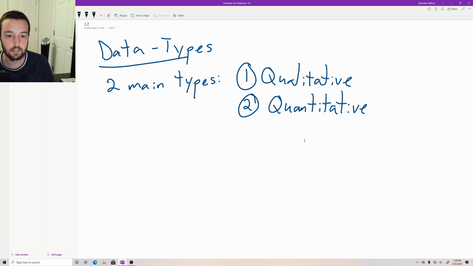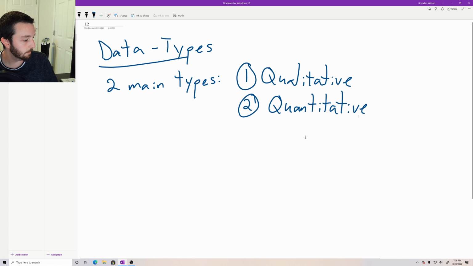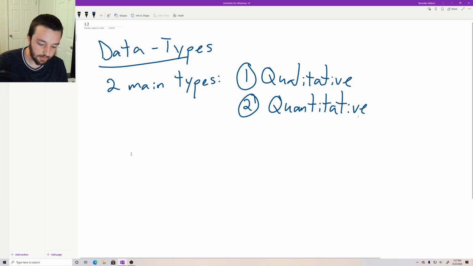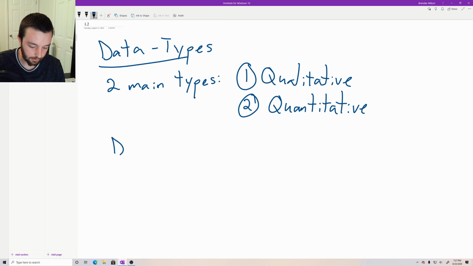The way you handle these types of data is vastly different, because with quantitative we can do a lot of math and a lot of tests, whereas with qualitative data we can't rely on any of those tests or math, so we have to use different methods. But we're going to focus mostly on the quantitative because we're going to look at the math. So let's define these a little bit better though.